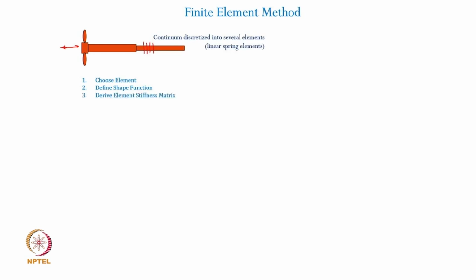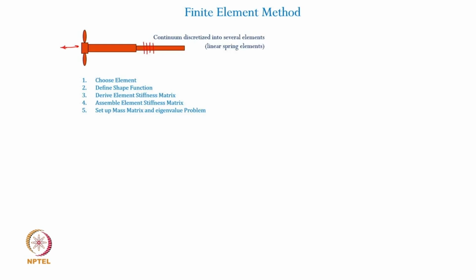Then we derive how each element behaves, in the sense of what the element stiffness and mass matrices are which define that individual element, and then assemble these element stiffness and element mass matrices together so as to form global stiffness and mass matrices that will completely model the entire system.